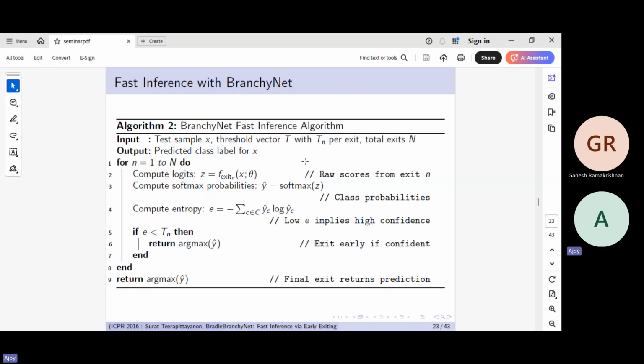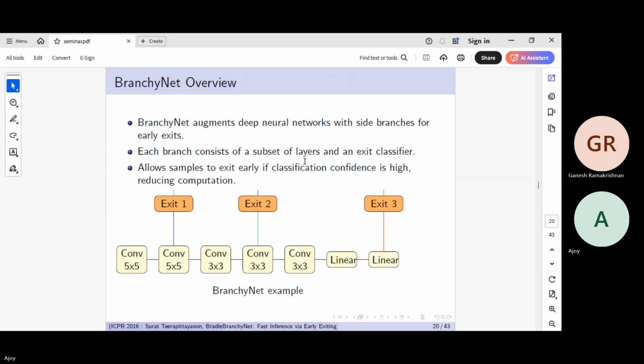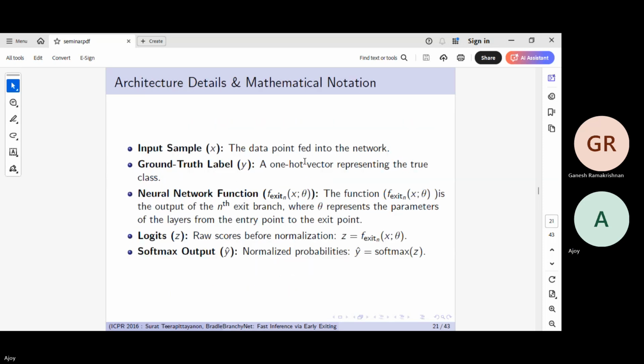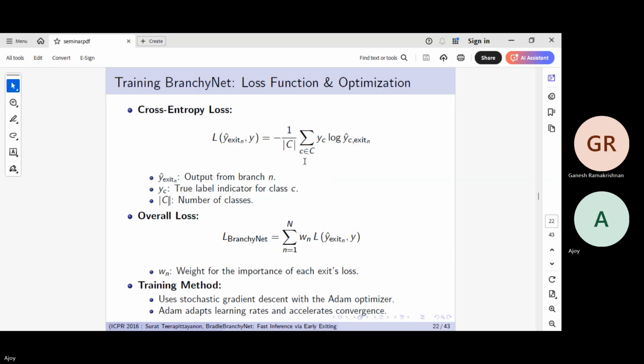And in this algorithm, this W is the weight that is given to the exit branch.